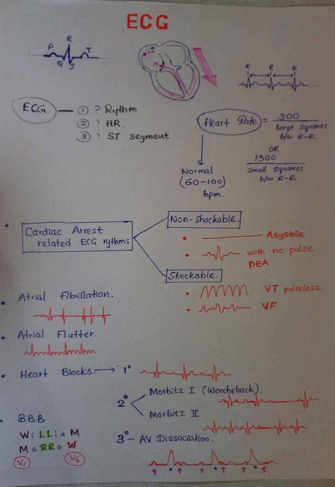If you can see a W pattern in V1 and an M pattern in V6, that is left bundle branch block. If you can see the opposite, an M pattern in V1 and a W pattern in V6, that is right bundle branch block. So easily you can remember with the mnemonic William Marrow.